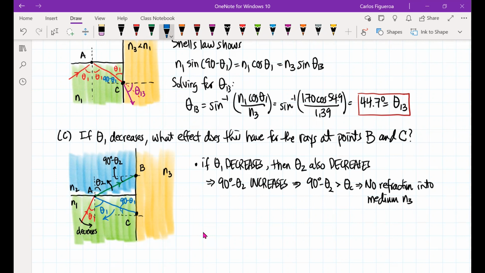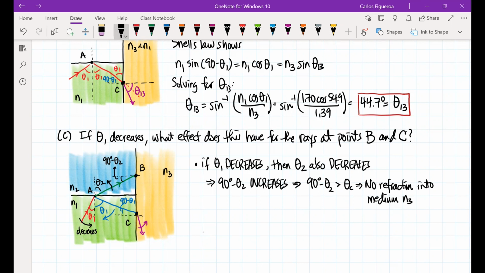As this thing gets smaller and smaller and approaches 90 degrees, that ray starts to move towards the boundary, but it doesn't. Let me make sure here. No. That ray now moves towards the normal. As theta 1 gets smaller and smaller, that goes towards the boundary here.